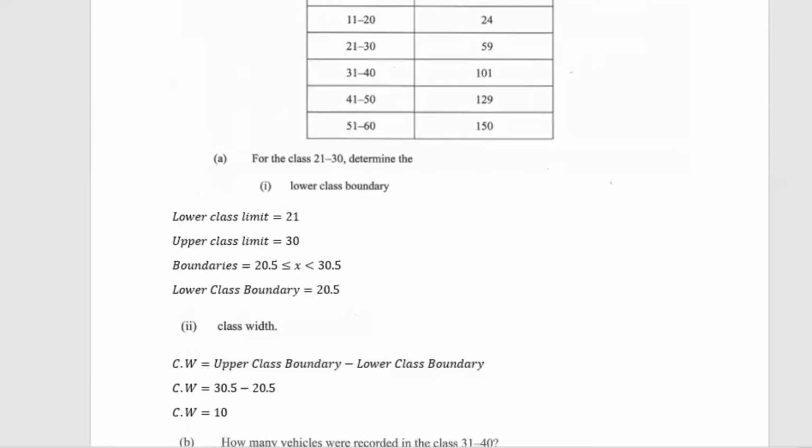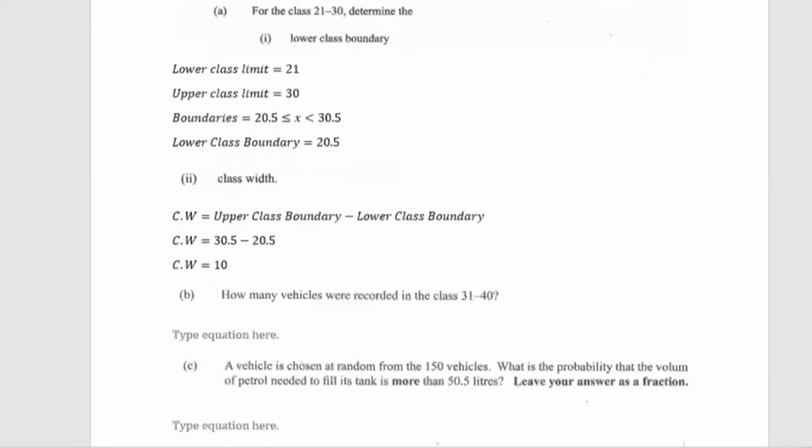If they had given us frequency and we were calculating cumulative frequency, usually we would be adding the previous cumulative frequency plus the upcoming frequency, and that would have given us the cumulative frequency for that group. So it would have been 59 plus whatever frequency there is, and that would have given us 101. So we're going to write a formula to represent that.